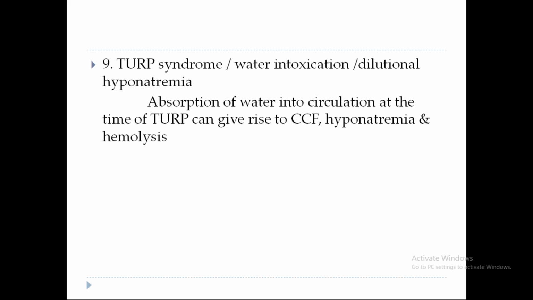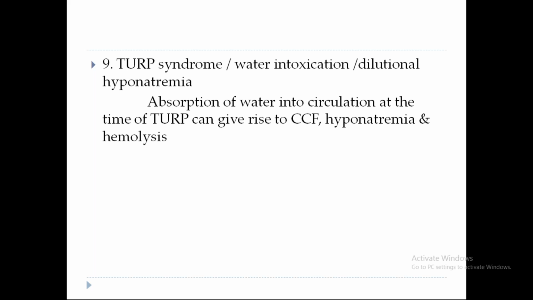So coming to TURP syndrome, or water intoxication, or dilutional hyponatremia. Why does TURP syndrome occur? Because absorption of water into the circulation at the time of TURP can give rise to CCF or hyponatremia and lead to hemolysis.